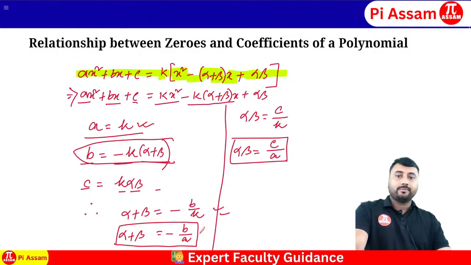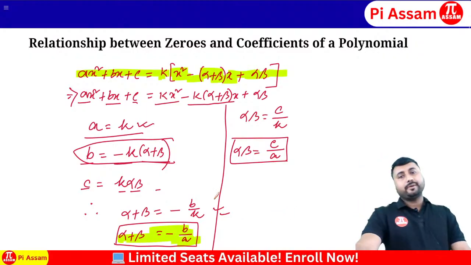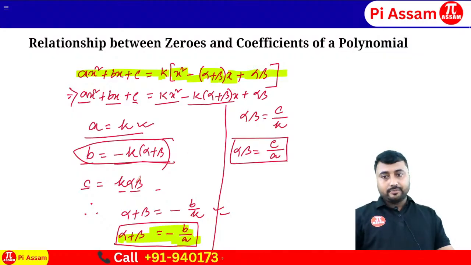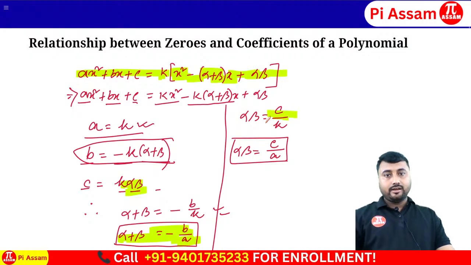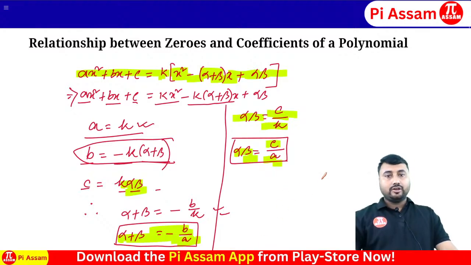So therefore alpha plus beta is equal to minus b by a, and alpha into beta is c by a.